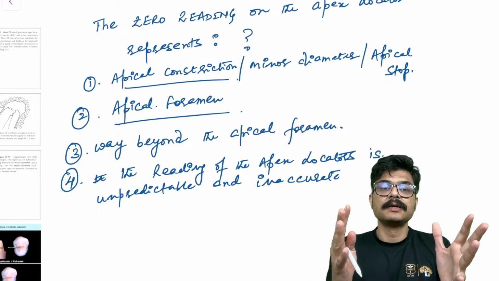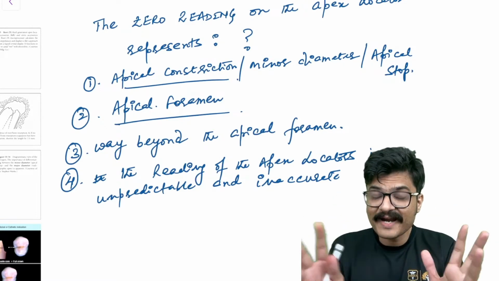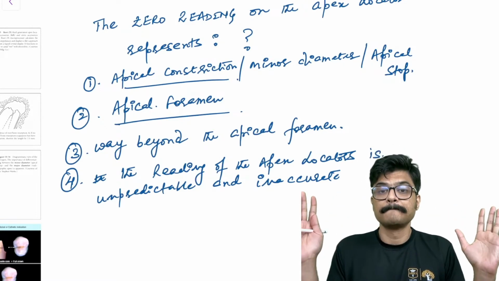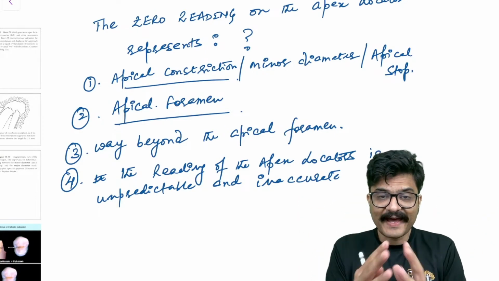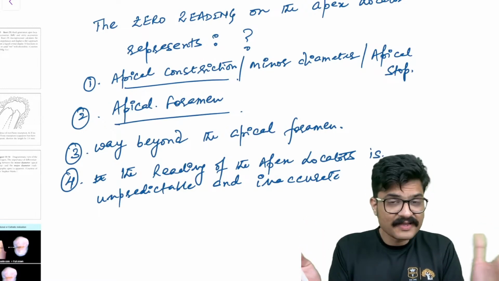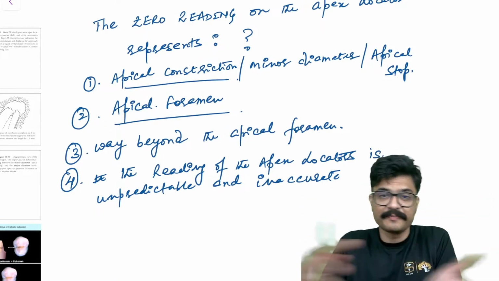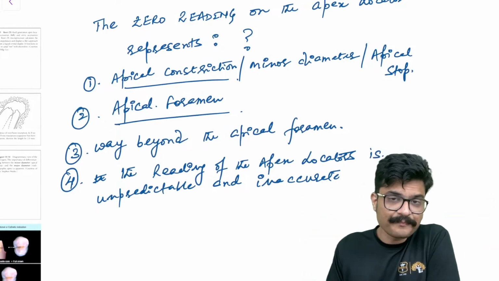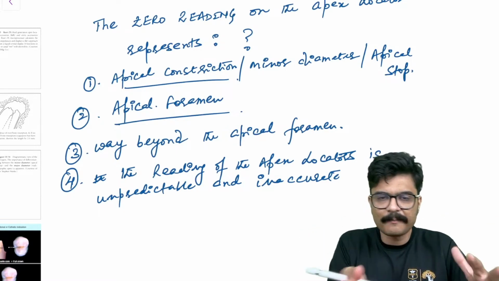Now, guys, zero reading of the apex locator means that you are somewhere near the apical foramen. All right? Please remember this. Being somewhere near the apical foramen means that, for all practical purposes, you are in the PDL tissues. Basically, you're just beyond the apical constriction, and more or less your dentine pulp complex has stopped there.